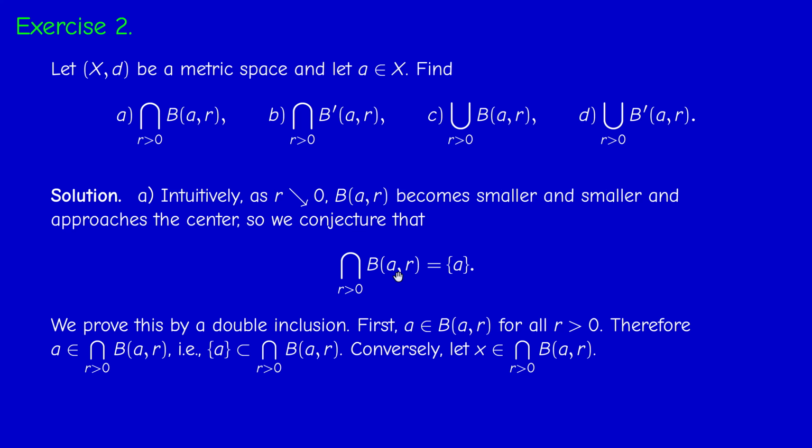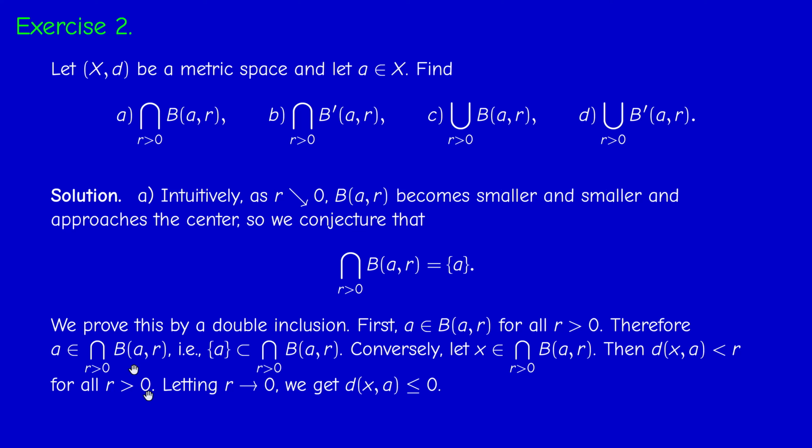Conversely, we take an element in the intersection and we prove that it must be equal to a. So if x is in the intersection of all these balls, then it belongs to B(a,r) for every r, and therefore its distance to the center is less than r for every r. And so if we let r tend to 0, at the limit we get d(x,a) less than or equal to 0.